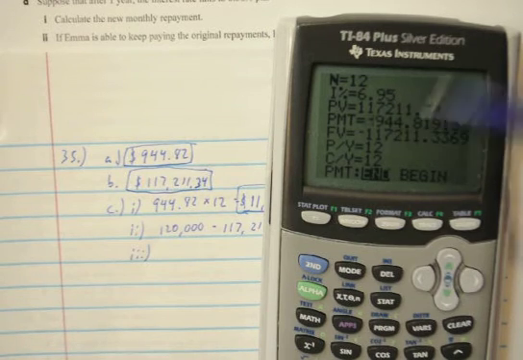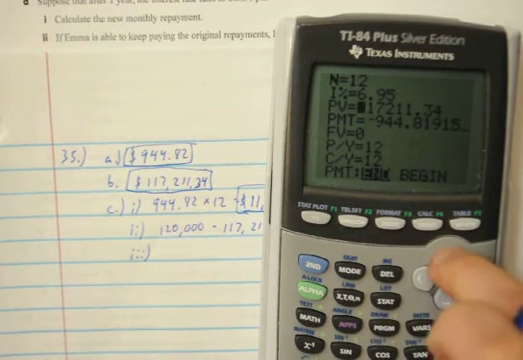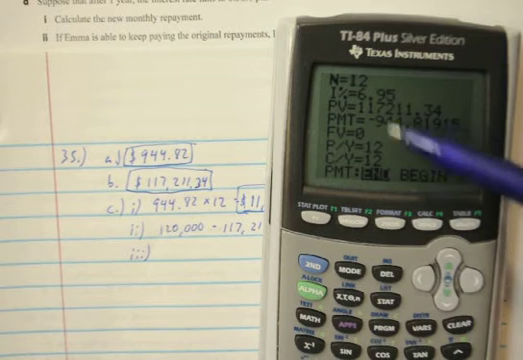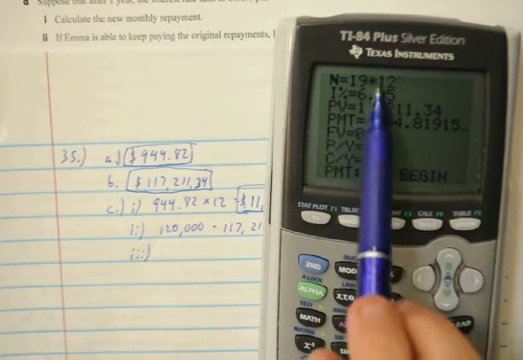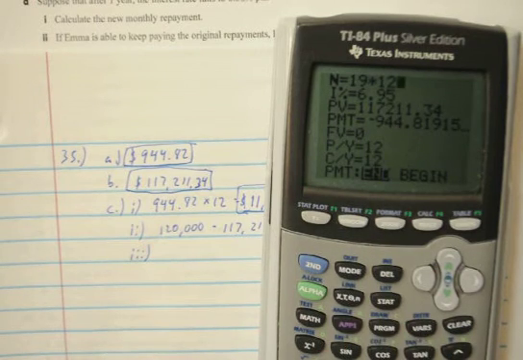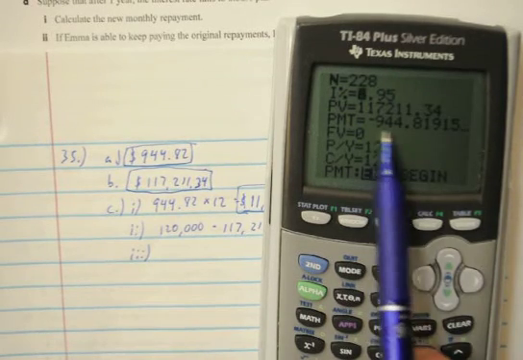We're trying to pay it off. How many years now do we get to pay it off? We get to pay it off for 19 years now. Not 20. We're going to change that to 19 years because we've paid it off for a year. And now we're going to see how that affects our payment.